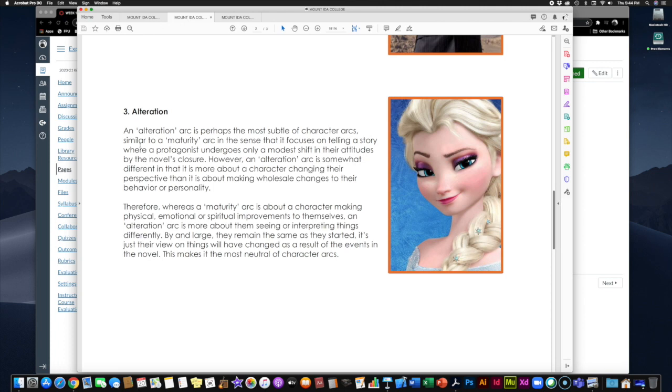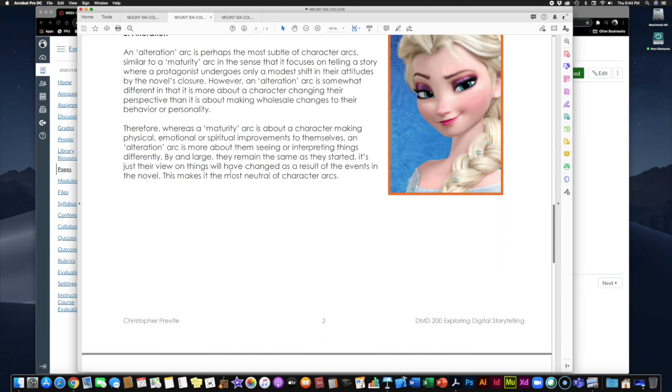But the alteration arc is somewhat different in that it is more about a character changing their point of view than it is about making a big change in their behavior. And so it's much more subtle. It's similar to the maturity arc, but they are even more so pretty much the same person, but they now have a different perspective on something. Okay, so that's the alteration arc.